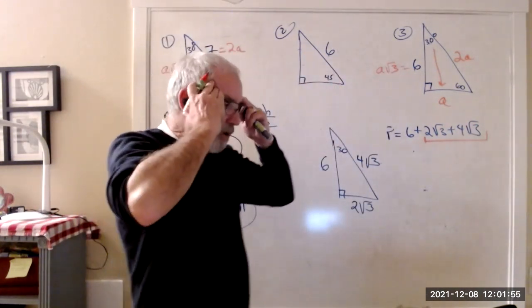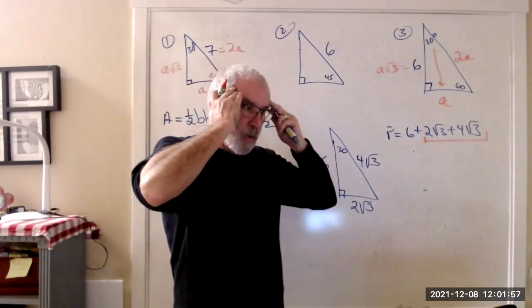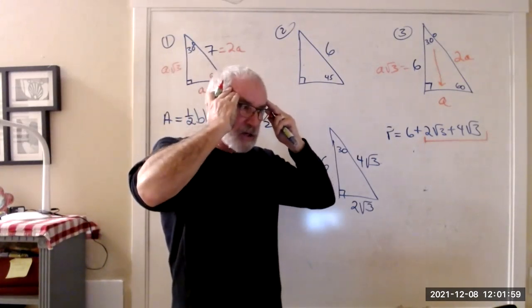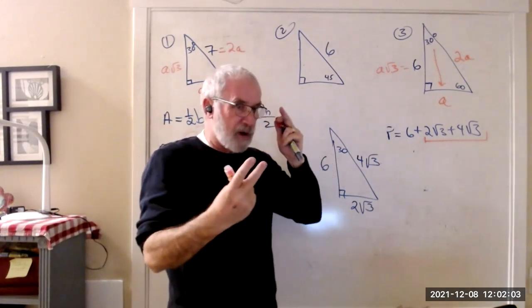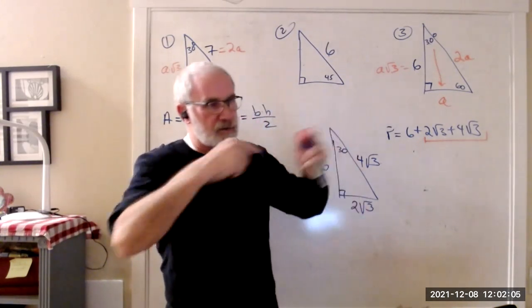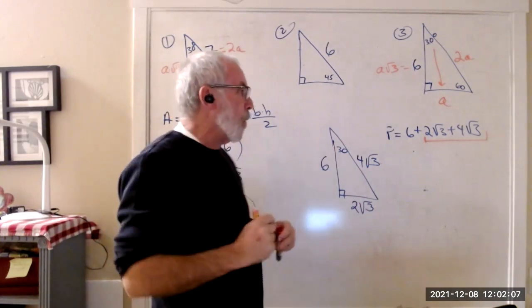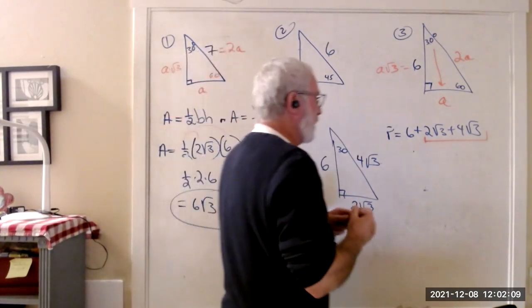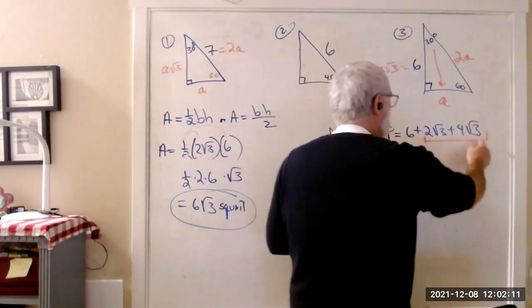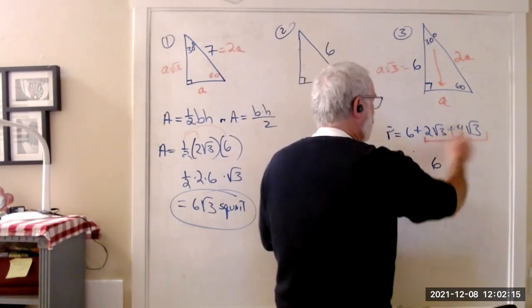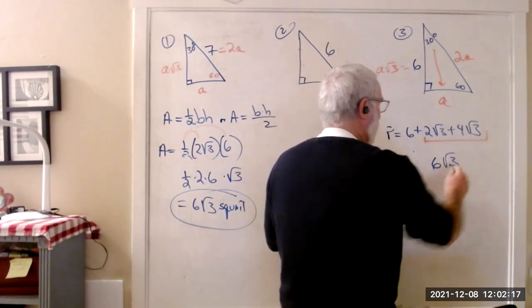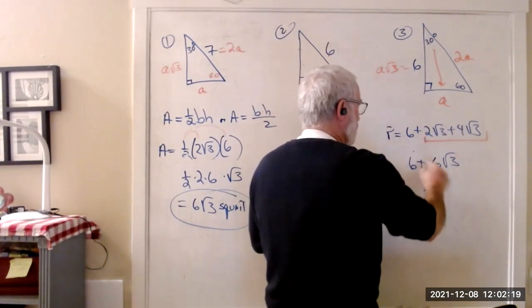Way back in chapter 8, intermediate, remember, there are 2 chapter 8s, 8 elementary and 8 intermediate, we said when you're adding radicals, you add the coefficients. 2 plus 4 is 6 radical 3, and bring down the 6.